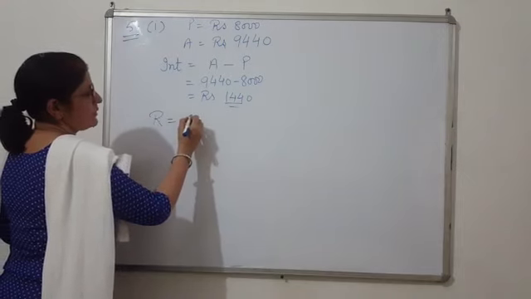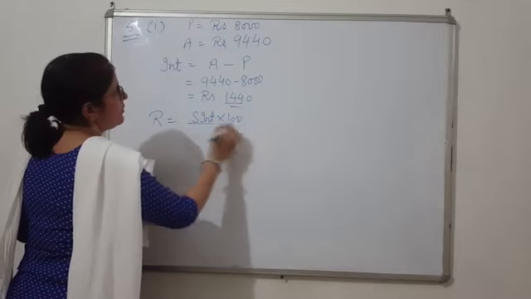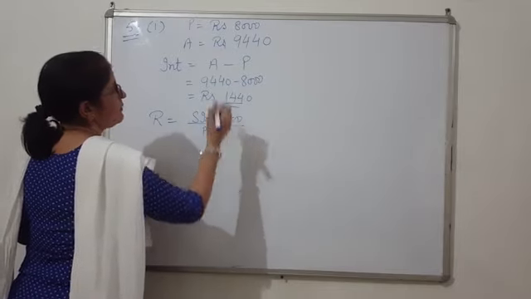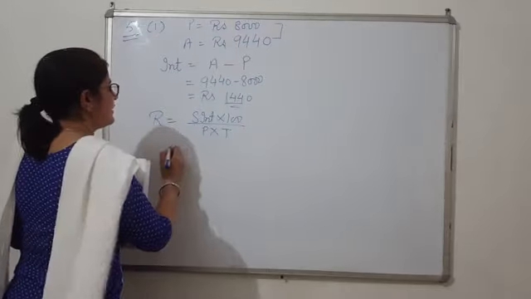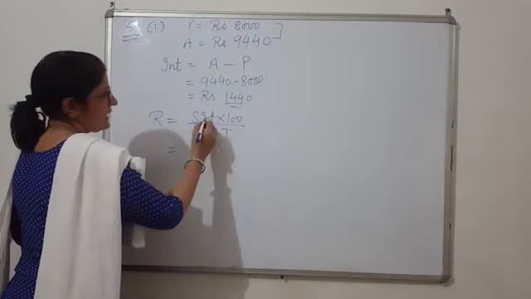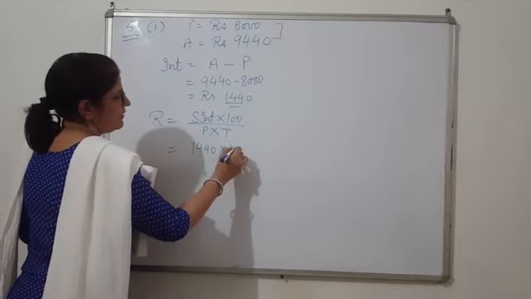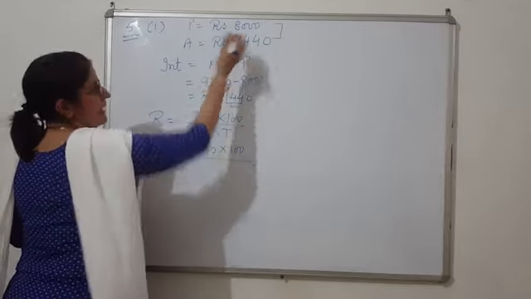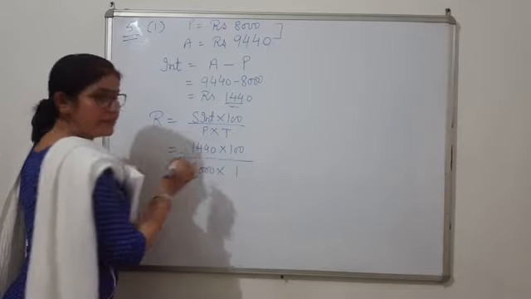Rate is equal to simple interest into 100 upon principal into time. Because this amount is for 1 year, so time will be 1 year here. We will take simple interest 1,440 into 100. Principal we will take 8,000 and time we will take 1 year.